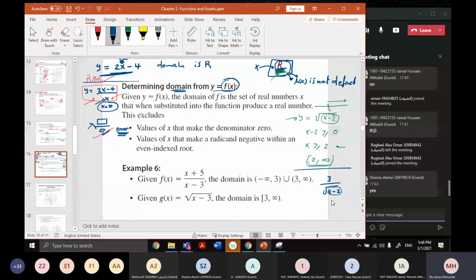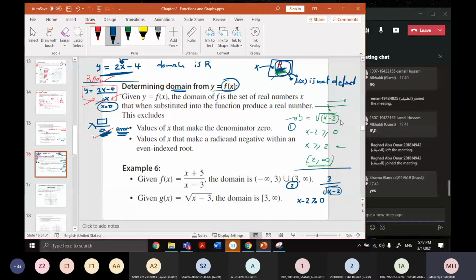Can I say or equal to 0? No, because here I already said I don't want to divide over 0. So in this case, the difference is that in the domain we should have x minus 2 to be positive. Can I put the equality? No, I cannot. Just greater than 0, because I cannot divide over 0.